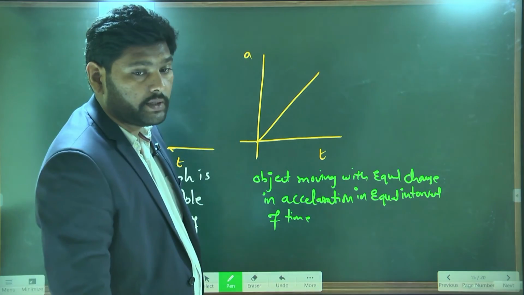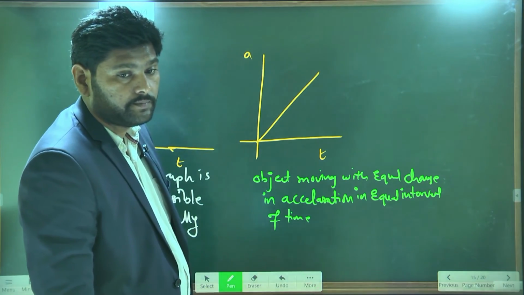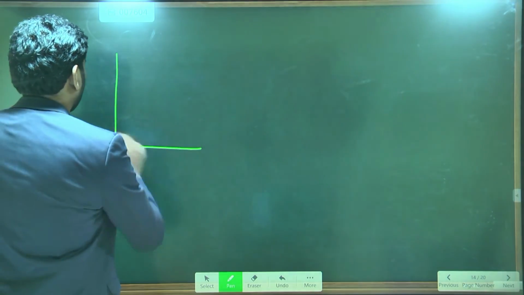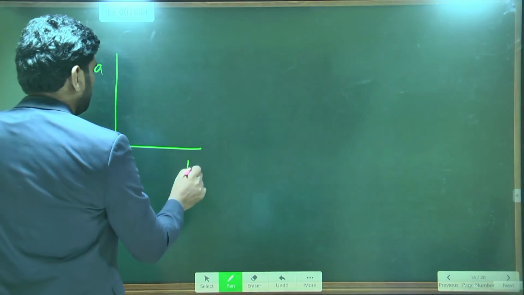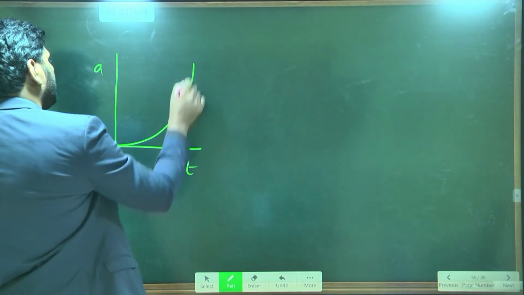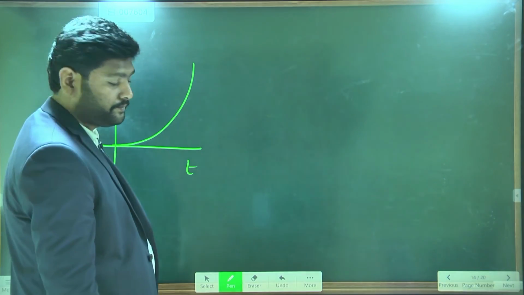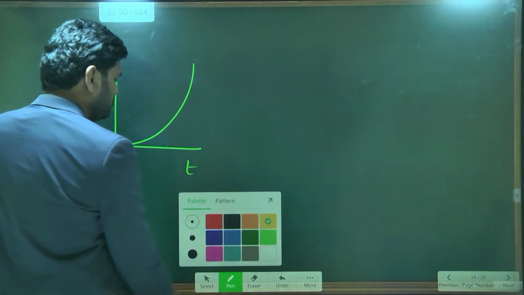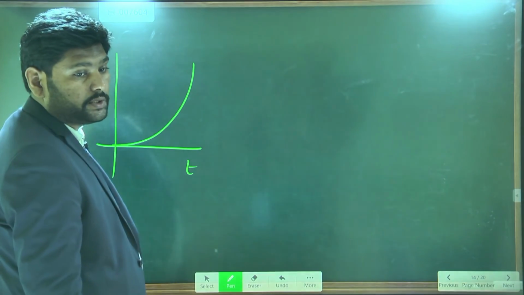Next, can I go for the next graph? So the next graph is: this is acceleration, this is time. This is the graph. What does it represent?